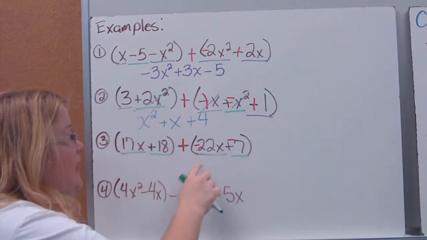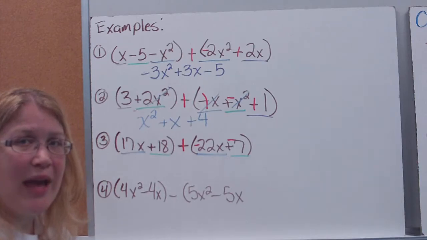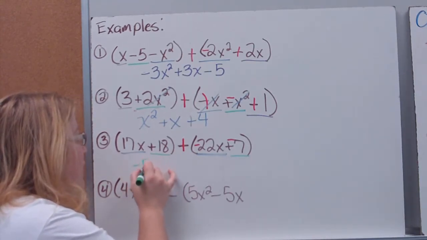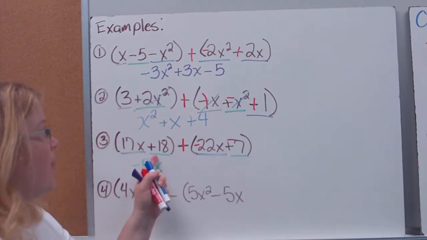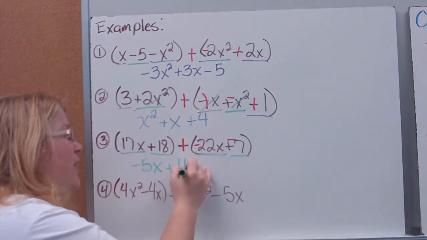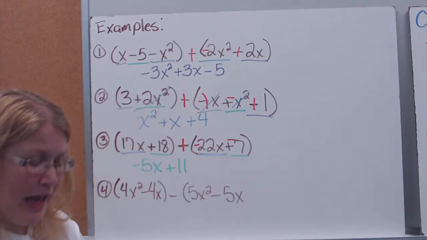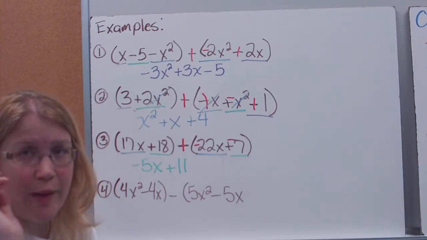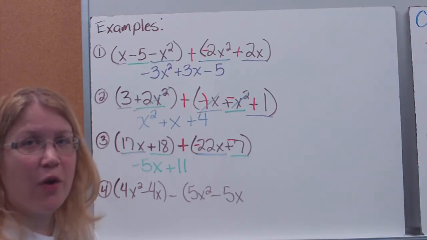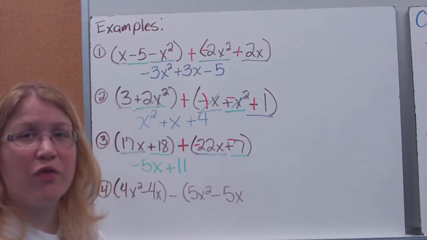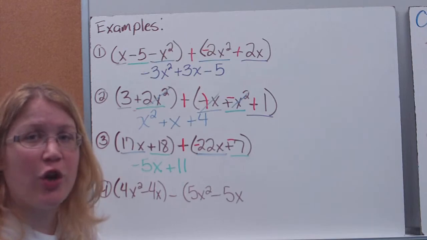So I have a 17x and a negative 22x. 17 and negative 22 leave me with negative 5x. I have a positive 18 and a negative 7, which is going to leave me with a positive 11. And again, if you've forgotten your integer rules, go back and rewatch that video to refresh your memory. There's plenty of videos leading up to this, skills we're using that you can go back and refresh if you've forgotten, or you can check your notes.